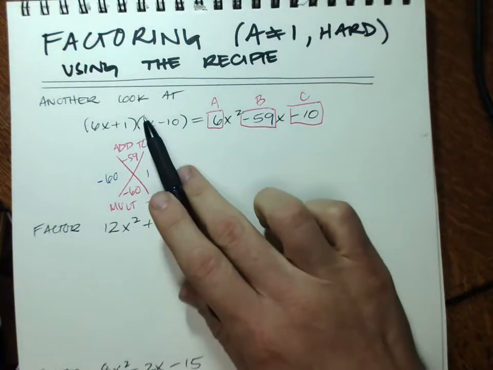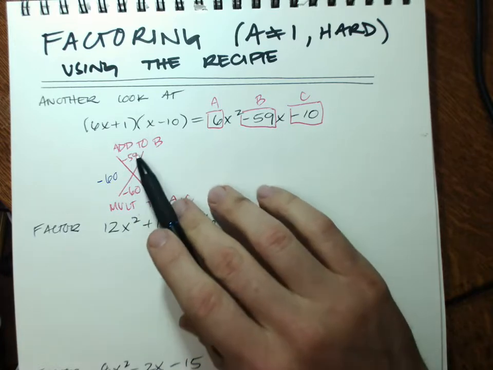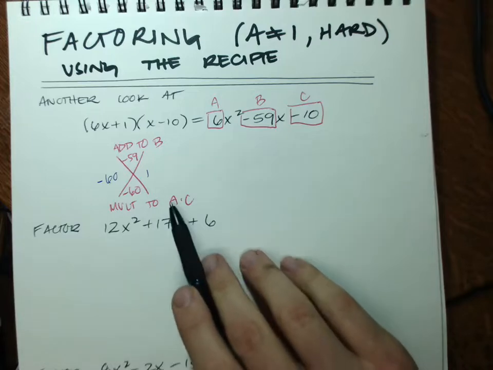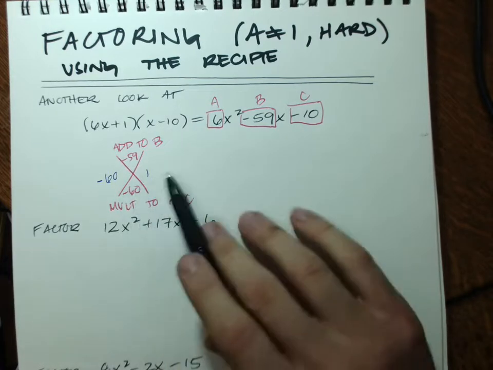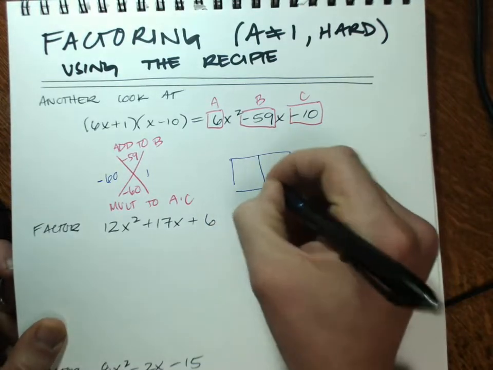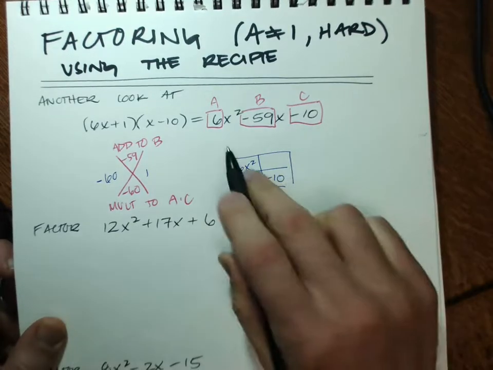Now, those are not the numbers in the parentheses like they were in the easier problems. So this is one step more complicated, in addition to having to multiply a times c to figure out this trick. What we're going to do is take this to the box, and 6x squared and negative 10 are already known.